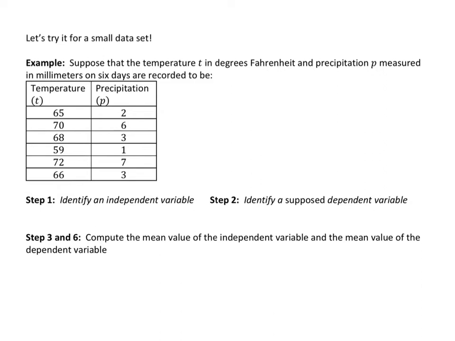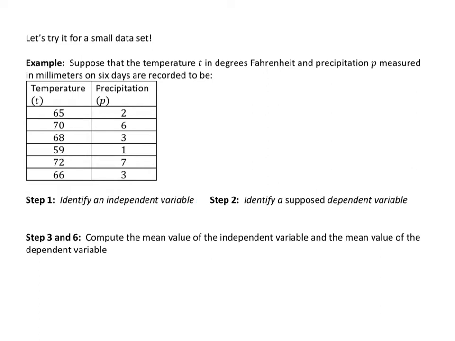Steps 1 and 2, you remember, are where you identify an independent variable and a dependent variable. And I don't know that there's necessarily a right or wrong answer in this. It's a question of how you want to say it. Maybe you think that the amount of precipitation depends on the temperature. If that's the case, you would say that precipitation is the dependent variable and temperature is the independent variable.